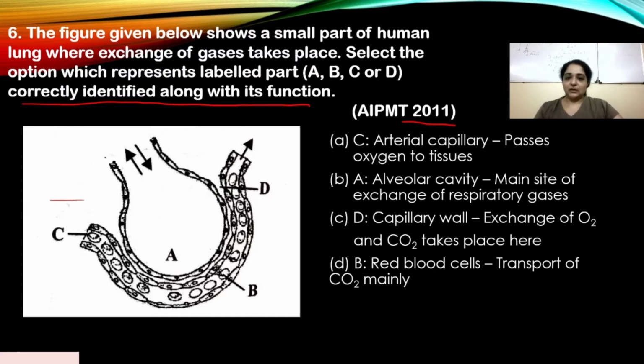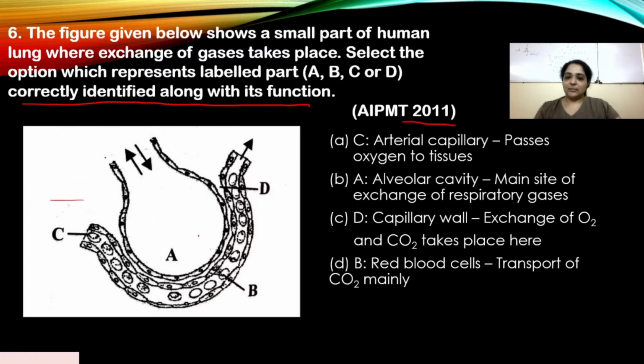Okay, we have option A. C. Arterial capillary passes oxygen to tissues. Now C does not look like the arterial capillary, it looks like the venous capillary which is bringing in deoxygenated blood. A. Alveolar cavity, main site of exchange of respiratory gases. Yes, A is the right answer here because A represents the alveolar cavity where the exchange of gases happens.